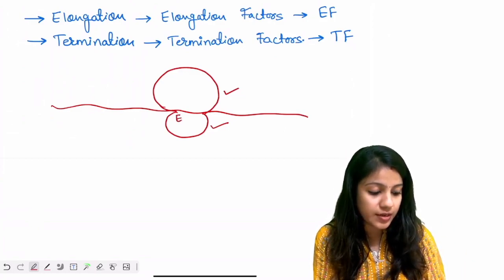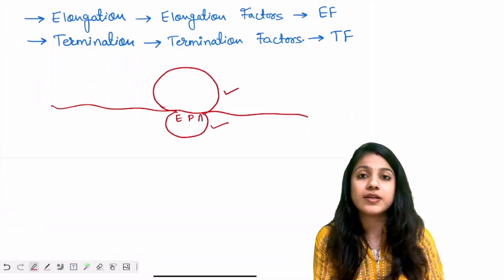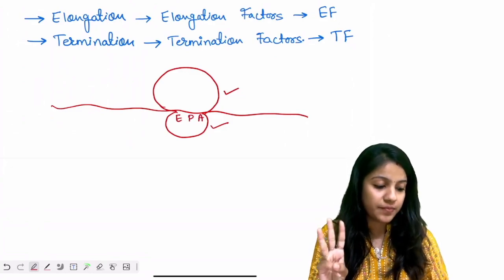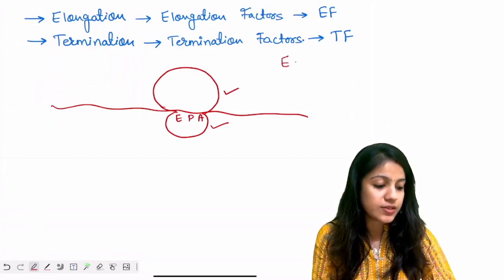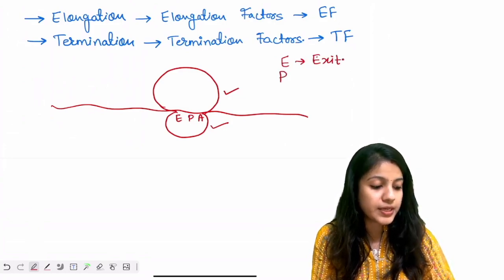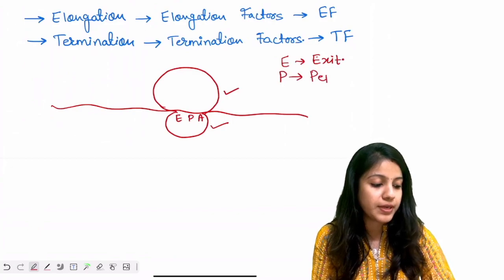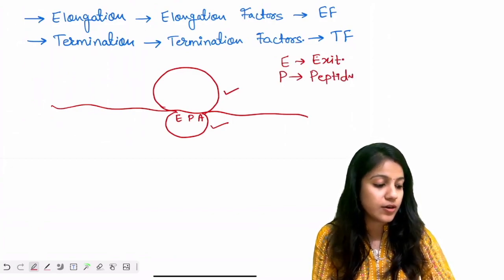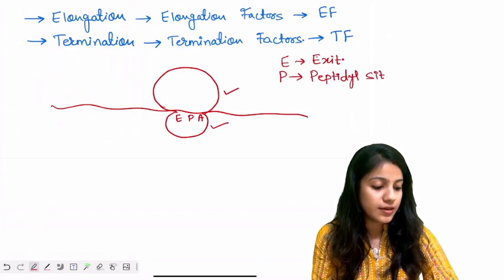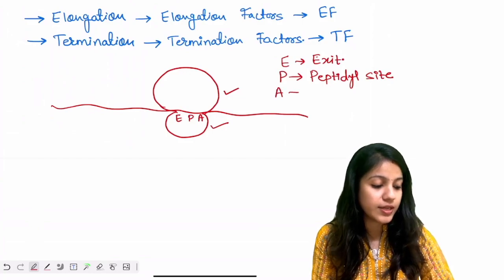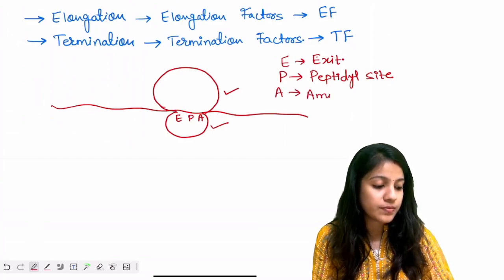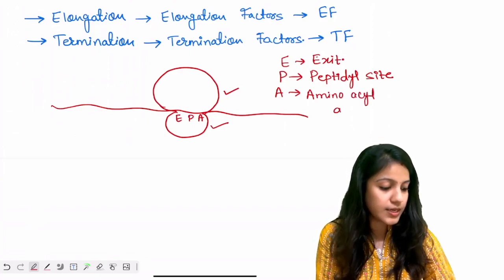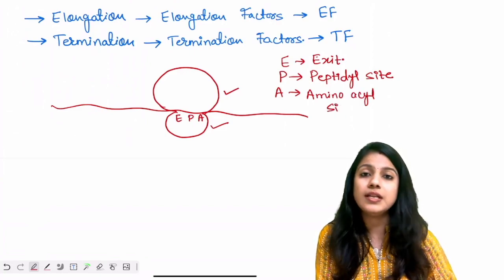This ribosome will have three sites called E, P, and A. E site is called the exit site. P site is called the peptidyl site. Whereas A site is called the amino acid site.